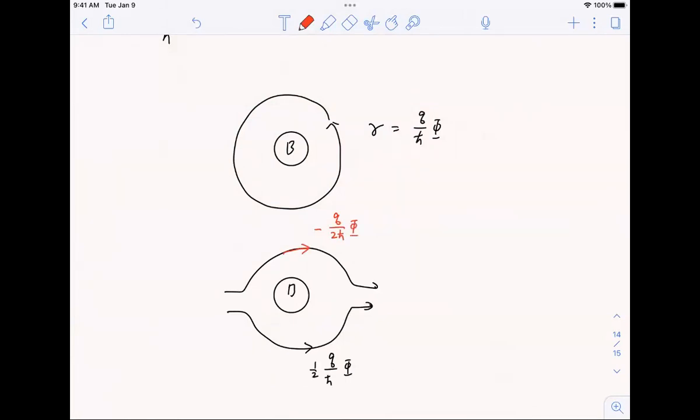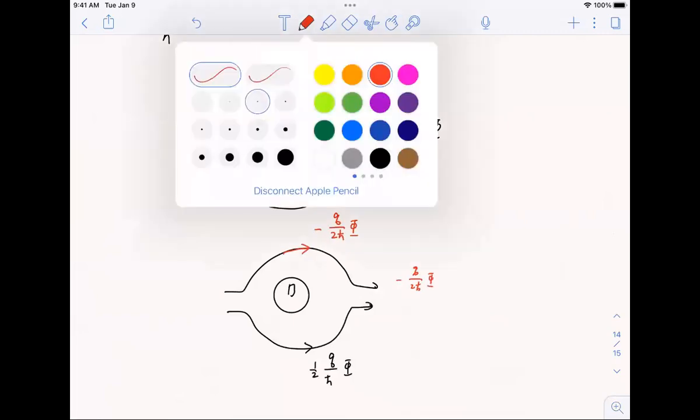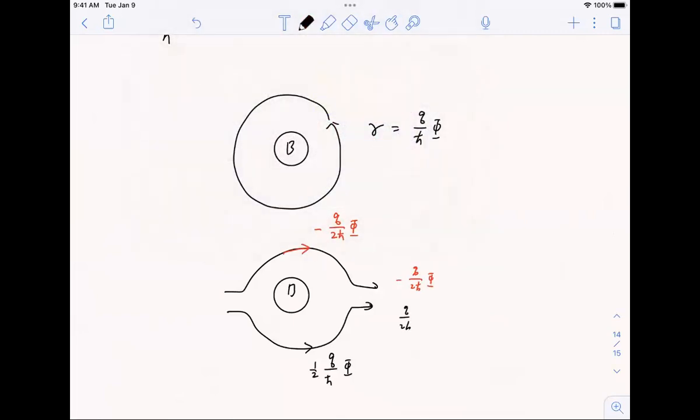So eventually you have this, and then you have this. So the phase difference will be just this, you just subtract them.